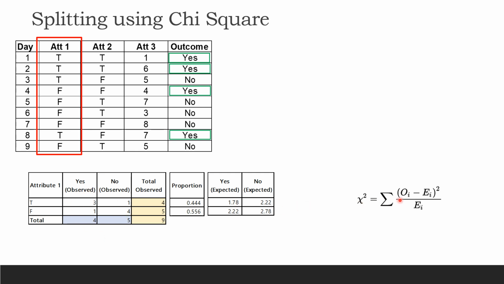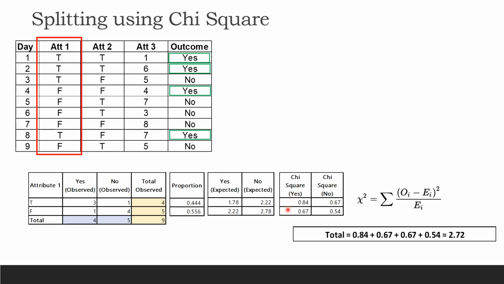Now, next step is calculation of chi-square using this formula. And by implementing this formula, we subtracted observed minus expected whole square divided by expected, and we found these values. And now we take the sum of all these 4 values to get a total chi-square of 2.72.